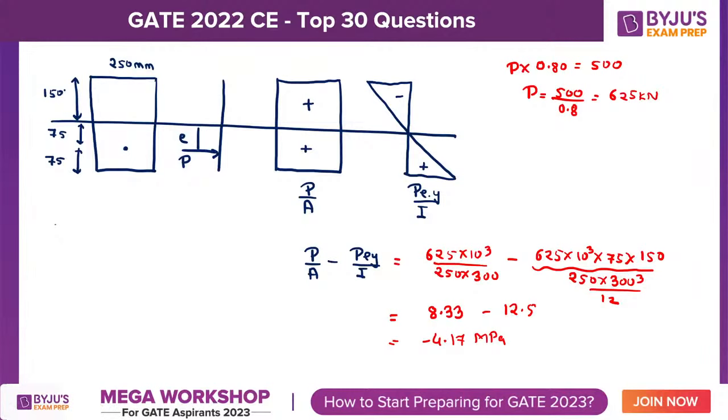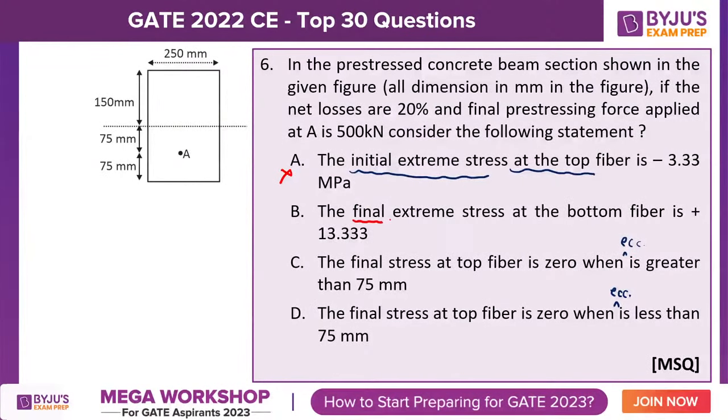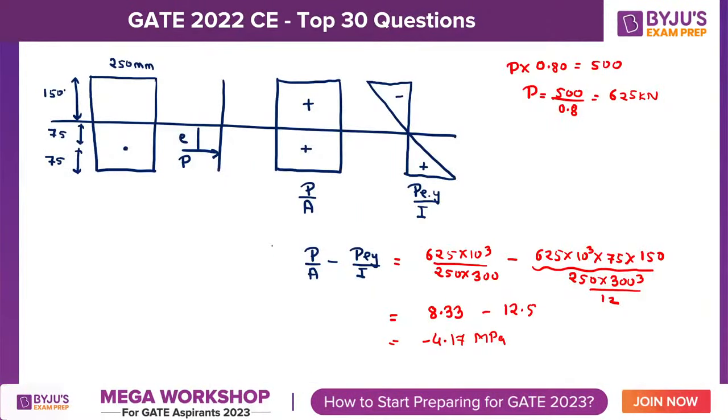Now if we talk about the value at the bottom fiber, we need to find out the final stresses. Final means we need to consider the force as 500, not 625.